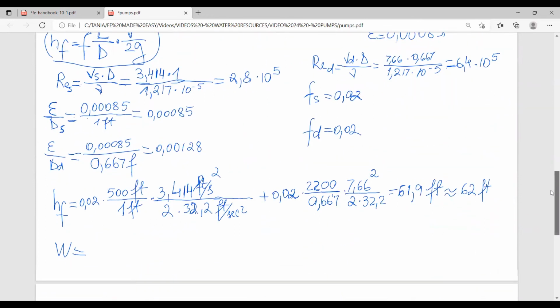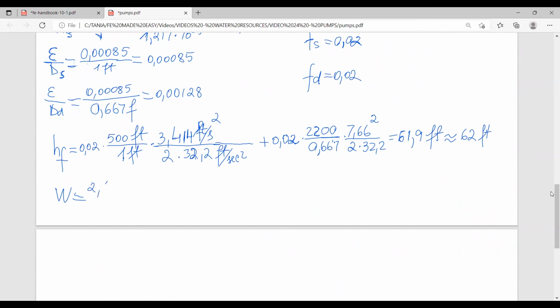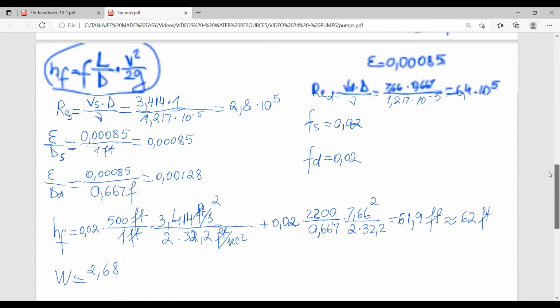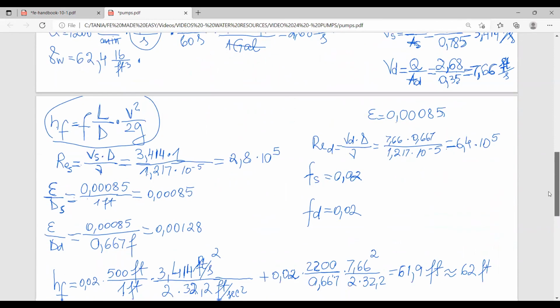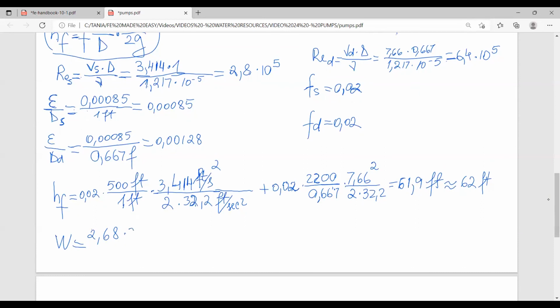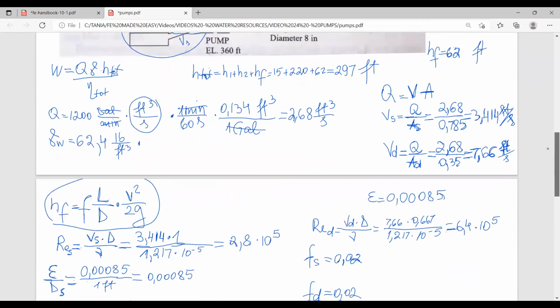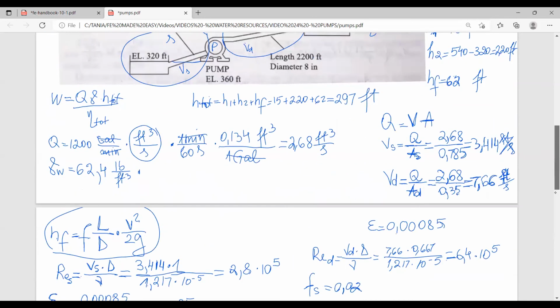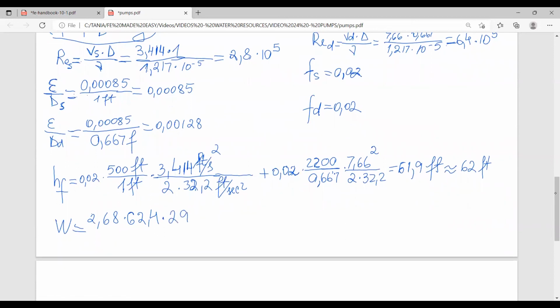Q, which is 268, times gamma water, which is 62.4, times the total head which we just calculated as 297, over the pump efficiency, 0.85, equals 58,432.8, and this is pounds times feet per second.